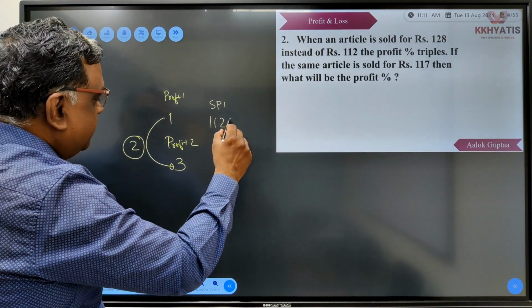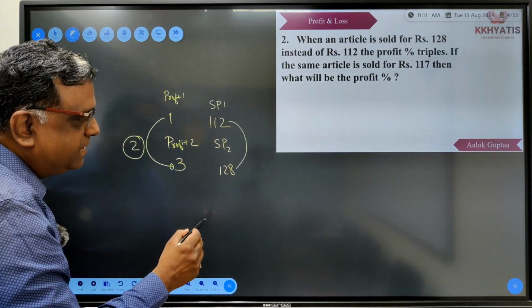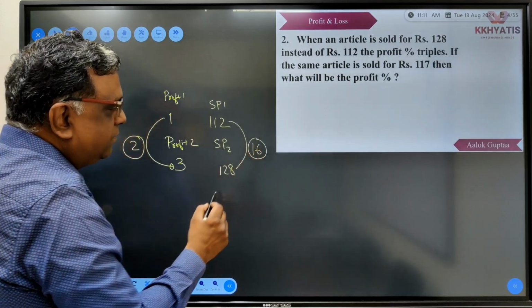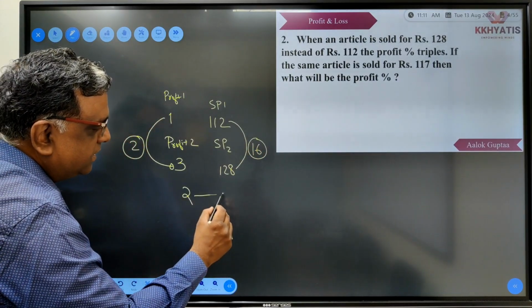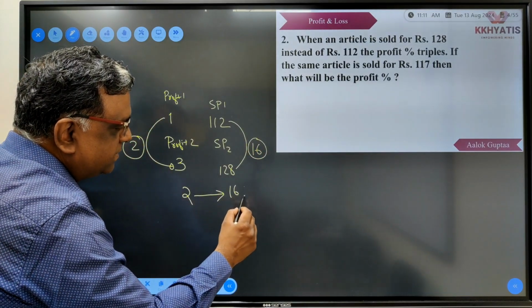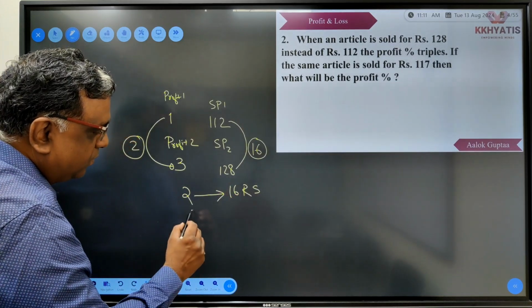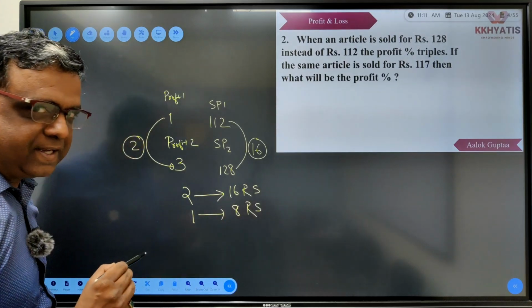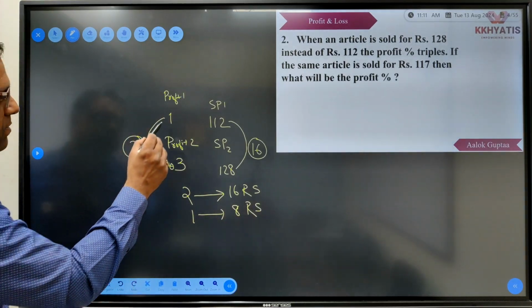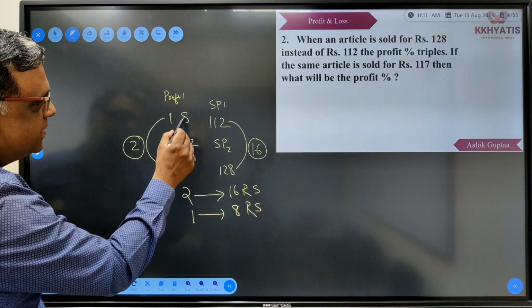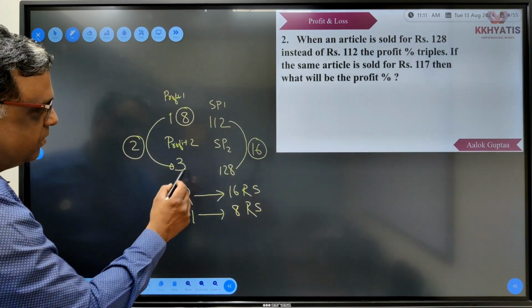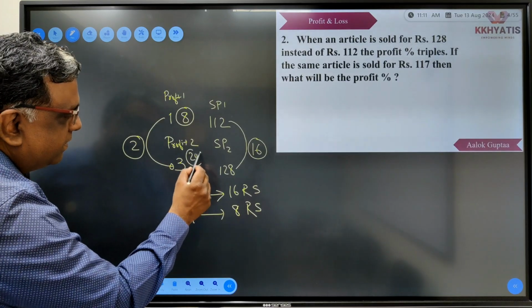So what is the difference between the selling prices? Is it not 16? Which means this profit difference of 2 corresponds to 16 rupees. So 1 will correspond to 8 rupees. Right? Which means here I must have had a profit of 8 rupees. And here I must have had a profit of 24 rupees.